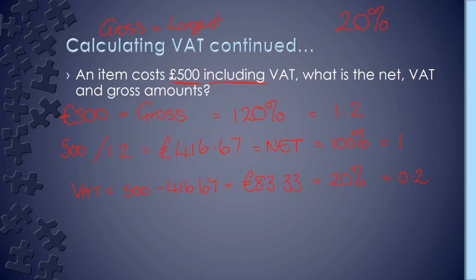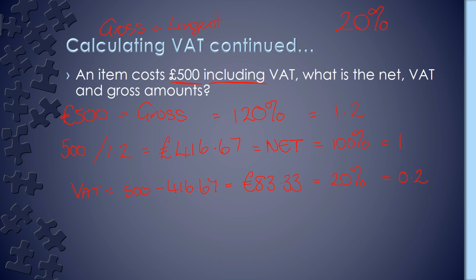But if we wanted to prove it, how could we prove it? So to prove it, we would want to be doing our net amount multiplied by 1.2 to get our gross amount, or we can multiply our net amount by 0.2 to check that we actually get our VAT amount.